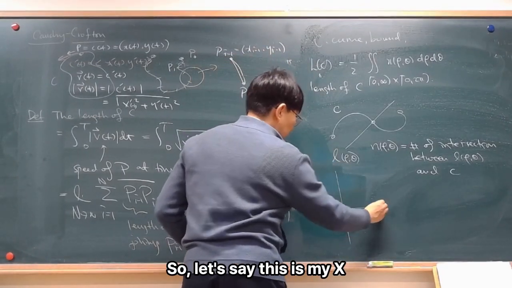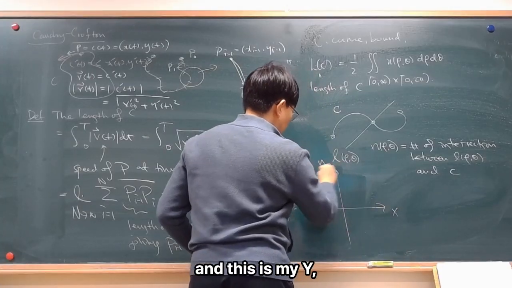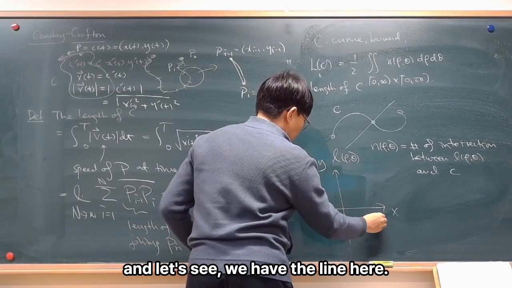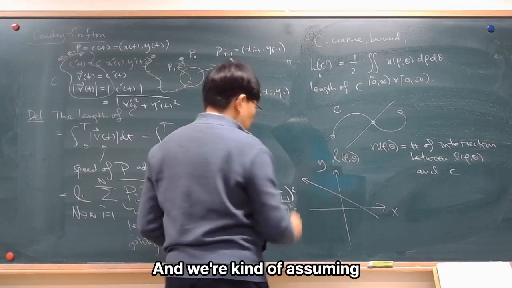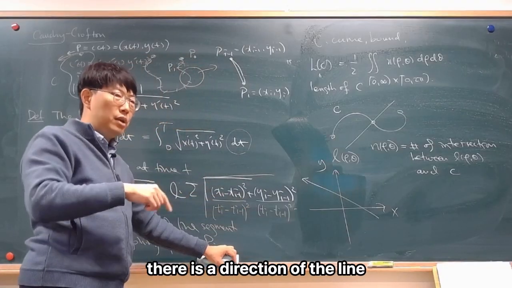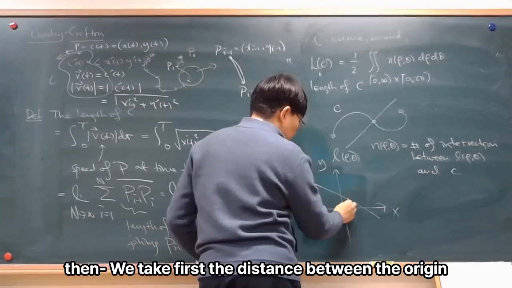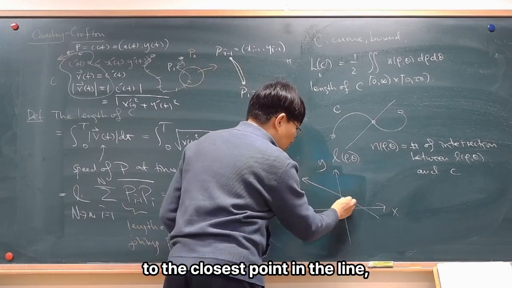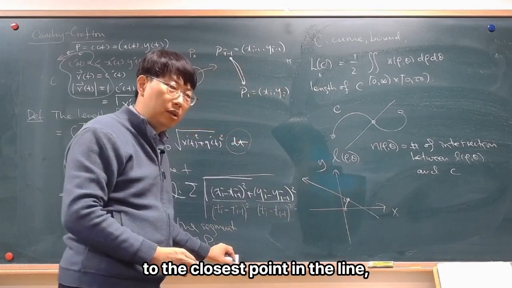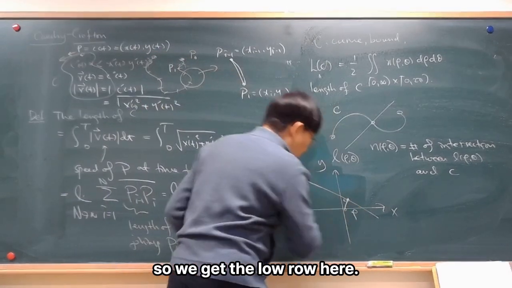Let's say this is my x and this is my y, and we have a line here, and we're assuming there is a direction of the line. Then we take the distance between the origin and the closest point on the line, so we get rho here.